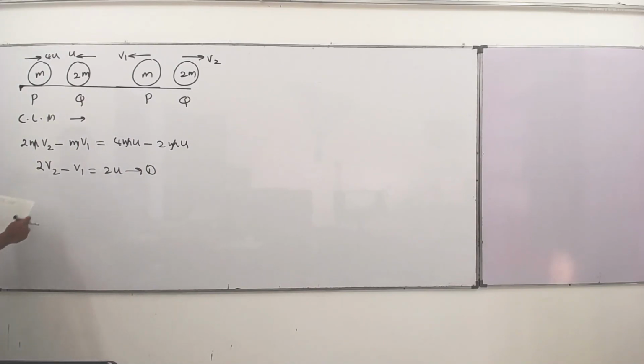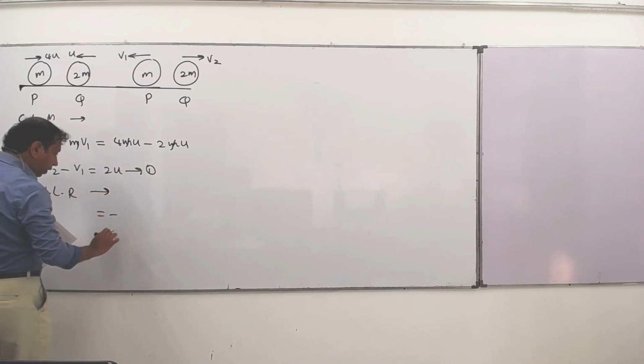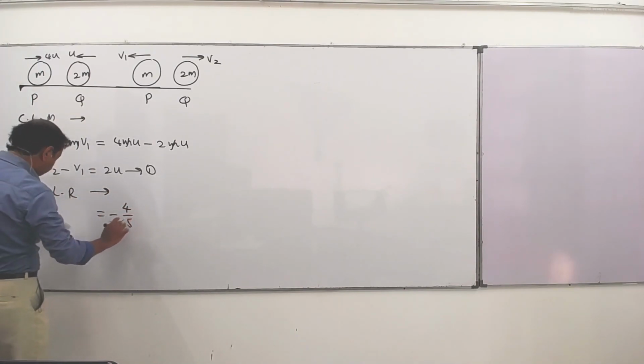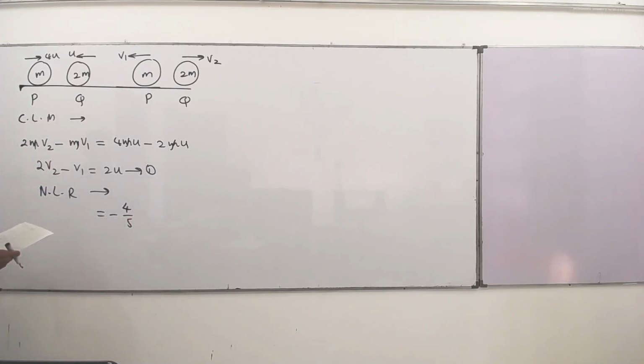Now we write Newton's law of restitution. That says minus e, where e is 4 by 5, times the relative velocity before impact.